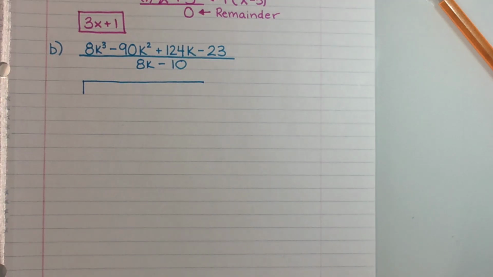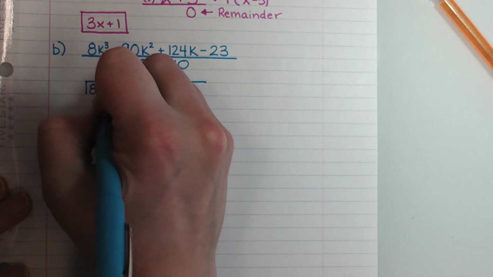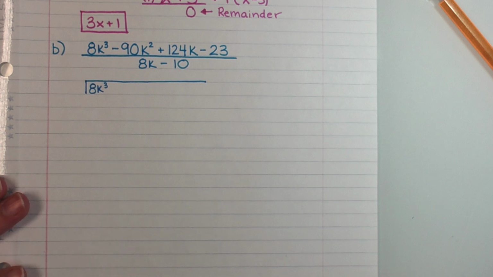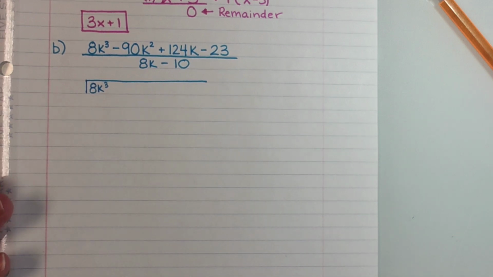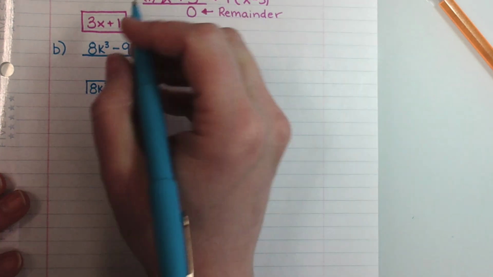What goes inside the box? The numerator, the thing that's getting divided by something. Do I need to modify anything about it, or is it okay? It's in standard form? Is it missing any terms? It goes from cubed to squared to regular to nothing. We're good.